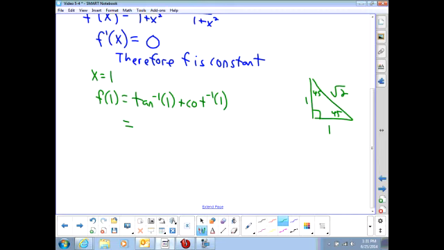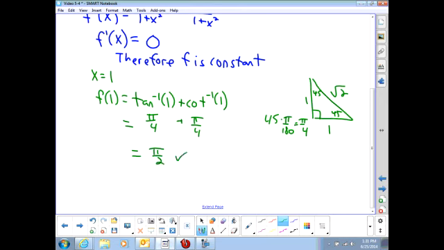But remember, we have to work with radians. So if we convert that to radians off to the side, we'll get pi over 4. So pi over 4 is the angle whose tangent is 1. Pi over 4 is also the angle whose cotangent is 1. 1/4 pi plus 1/4 pi will give you a half pi, which is pi over 2.